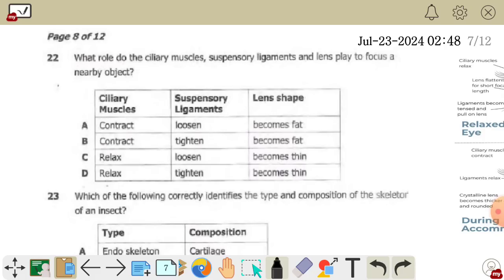After that, the suspensory ligaments are going to loosen. Then the lens becomes fat. So when you see a nearby object, the lens becomes fat. Okay, so the correct answer there is A.